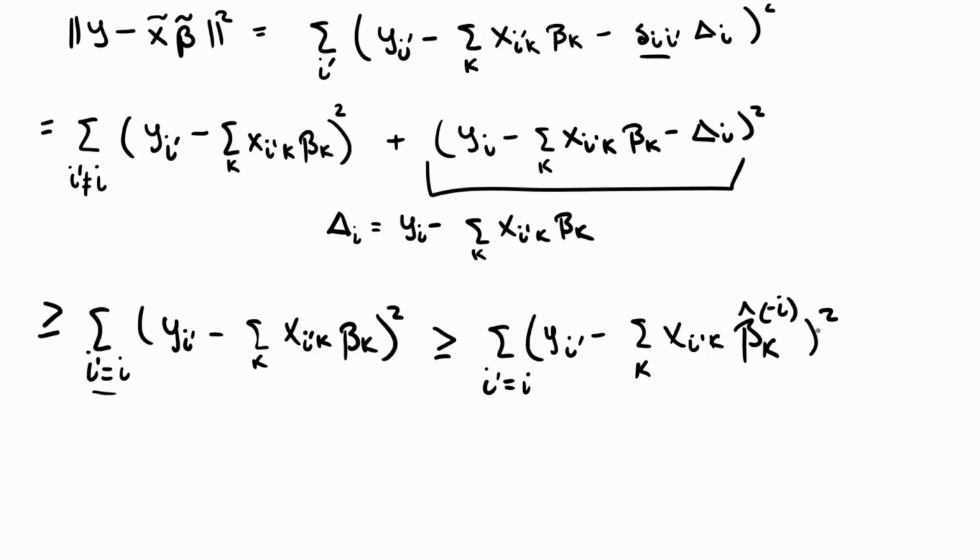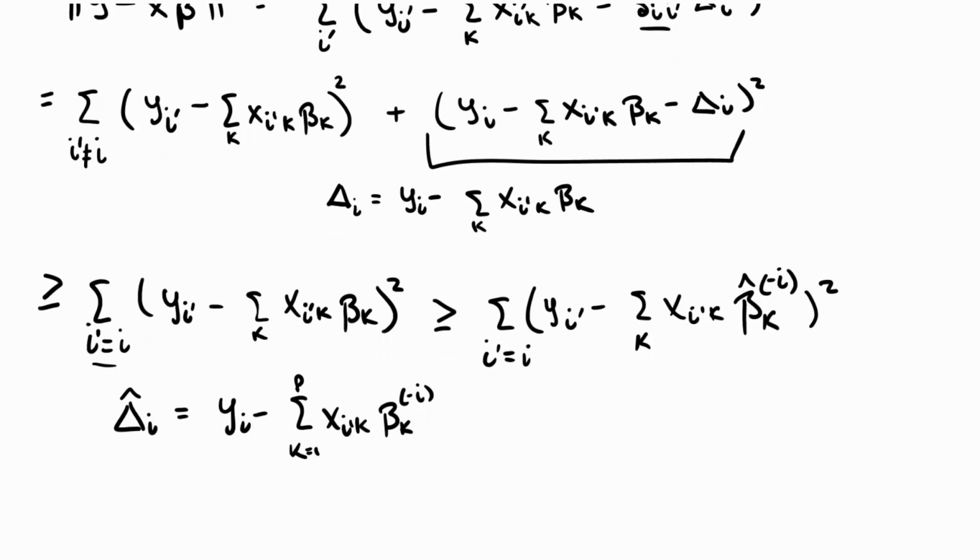Then that would be minimized. And then my delta_i hat is going to be equal to y_i minus the summation of x_i'k beta hat_k(-i) for k equal 1 to p.